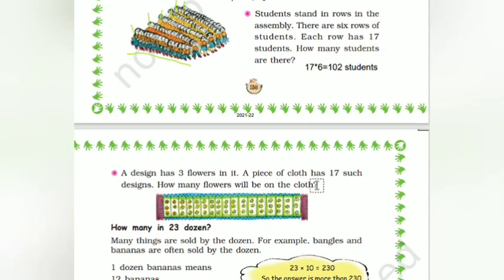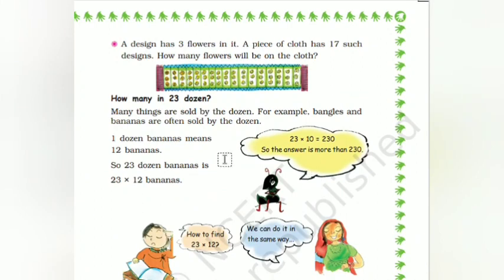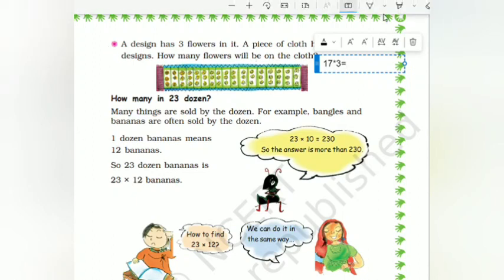Then a design has 3 flowers in it. So a piece of cloth has 17 such designs. How many flowers will be there in the cloth? We have to do 17 multiplied by 3. 3 flowers are there in one design.